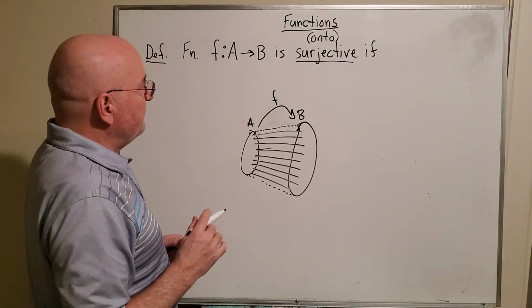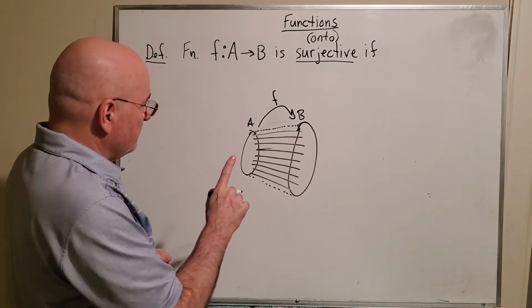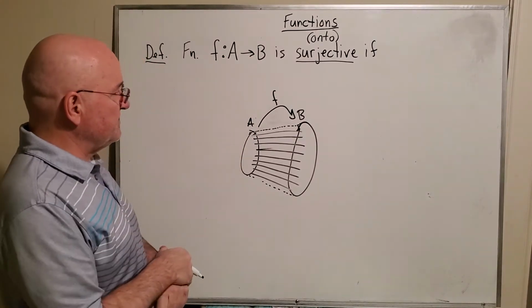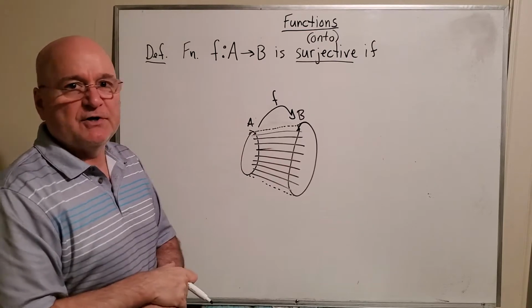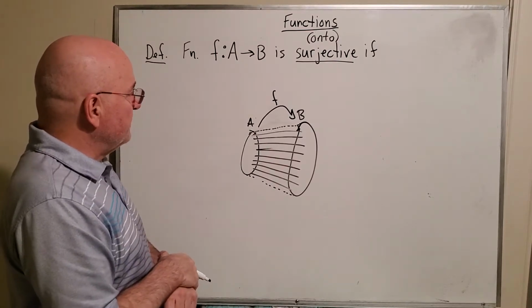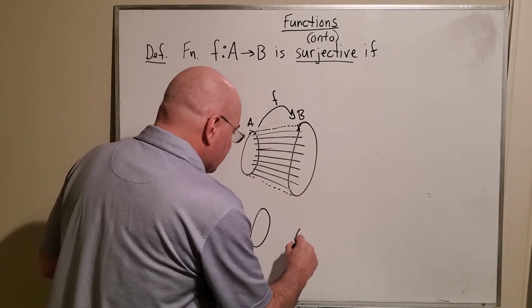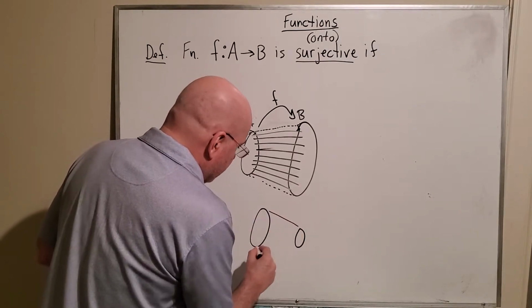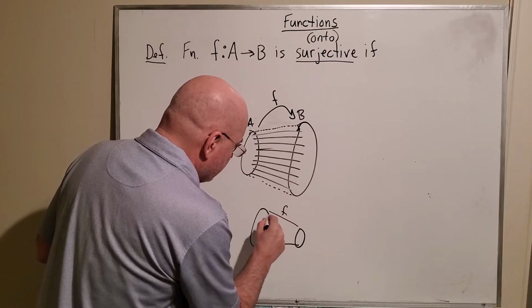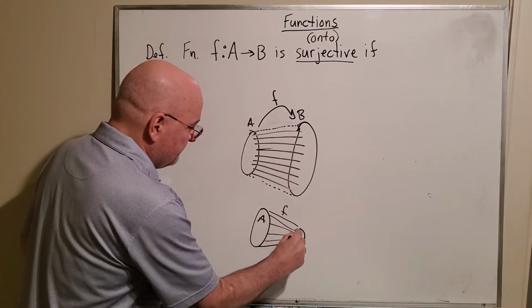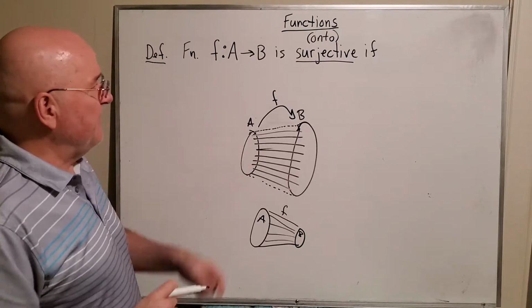Okay? After we write this definition, I'm going to make another statement about how a graph would look. Maybe it would have looked nicer if I made A look bigger than B, but this is still valid.